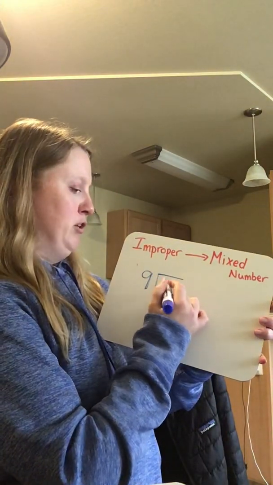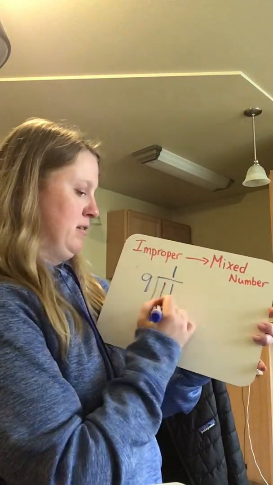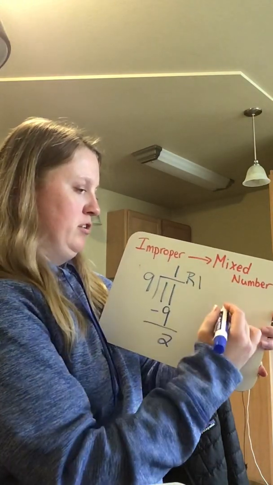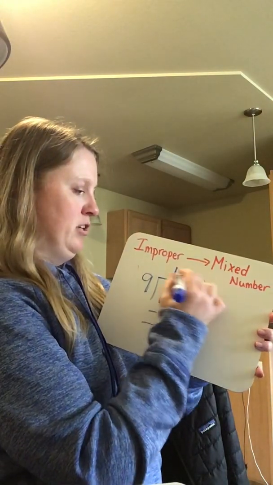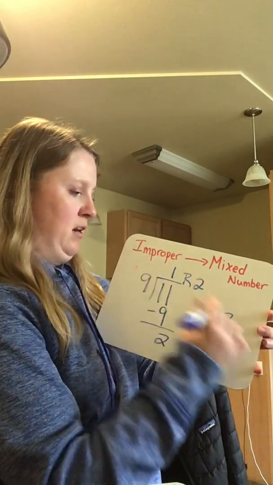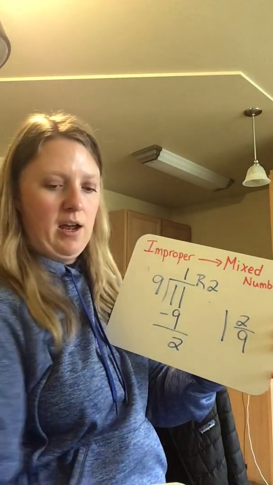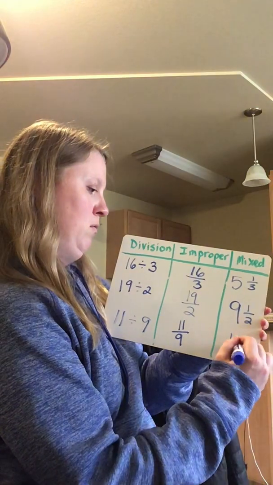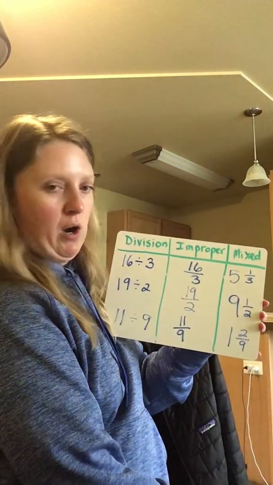So 9 can go into 11 once. Subtract is 2. So 1, 2, and then the original denominator 9. So 1 2/9 would be the division problem.